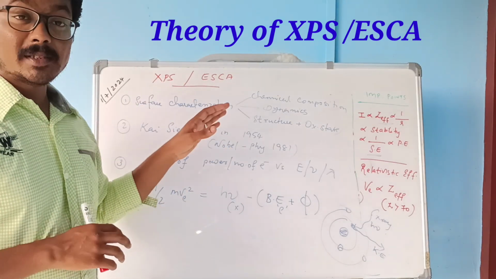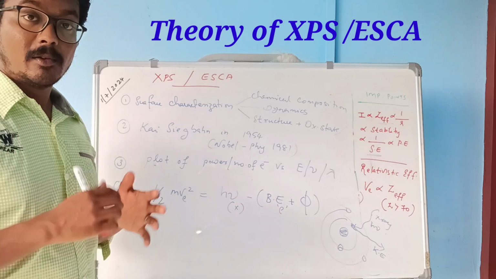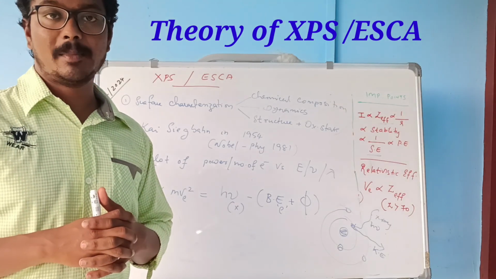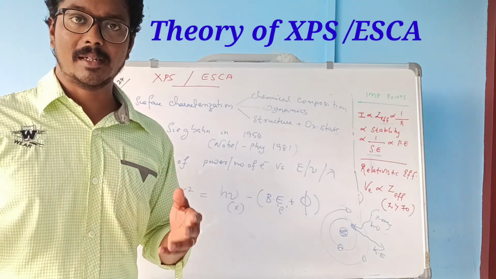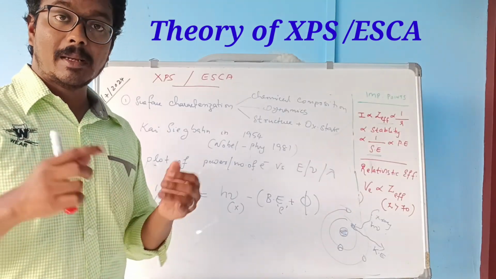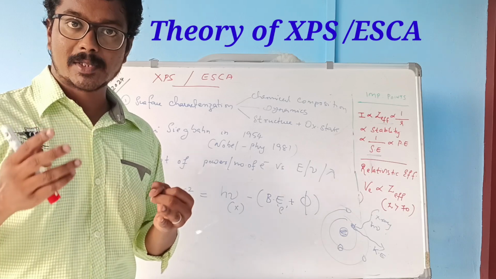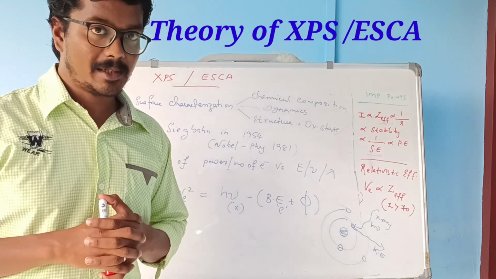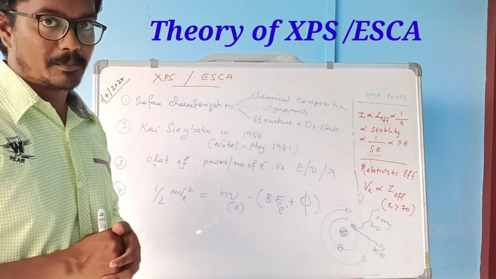It is a surface characterization technique. For surface characterization of an element or a solid state, whether it is solid, liquid, film or bio state, we require microscopic techniques, and spectroscopic techniques are also there. So here we are using electron spectroscopy.